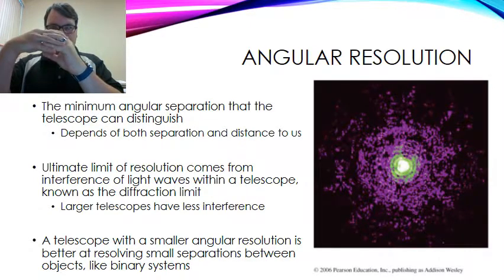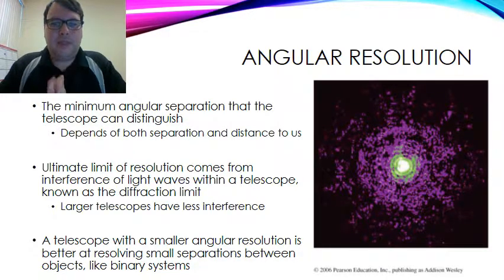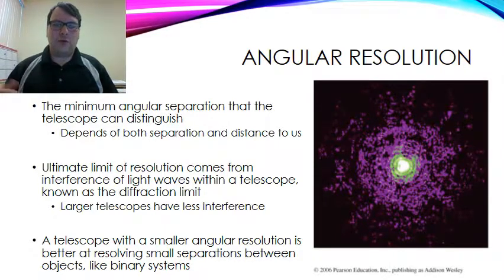Instead, it sees blob. That's all. Now, what we're seeing is that the angular resolution for a telescope will also determine how far away we can really truly see.